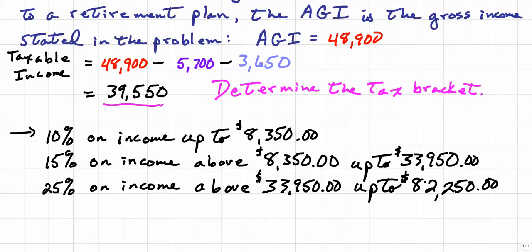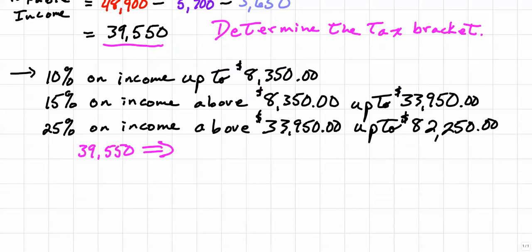So since she has earned $39,550, we'll take that $39,550 and we're going to calculate the tax as follows. So the income tax will be equal to the following.